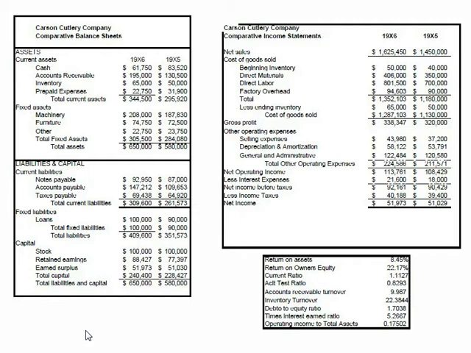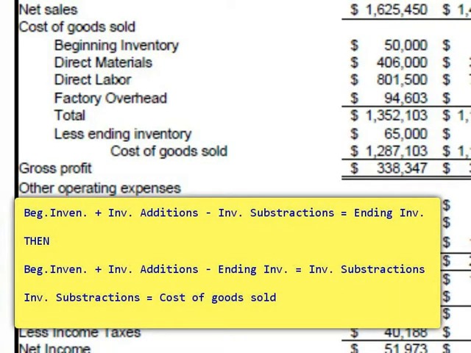Now let's go back to the top of the income statement, and you will realize that we still need to define how we computed the cost of the goods sold.